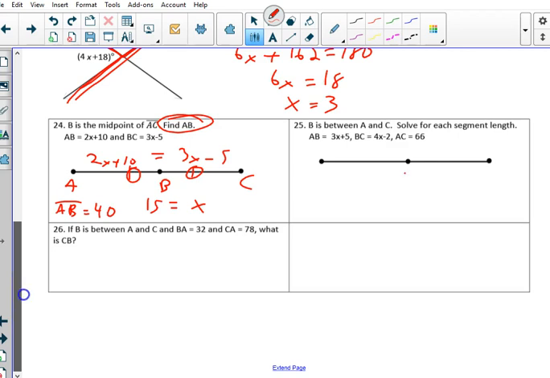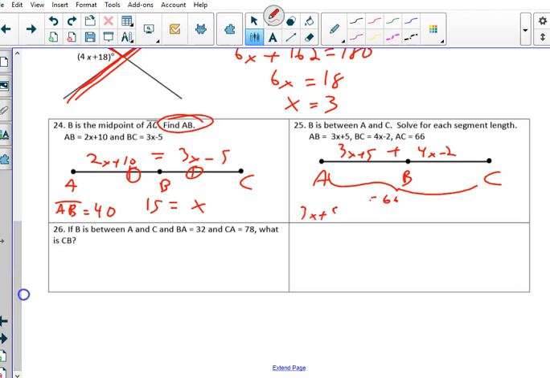25. B is between A and C. AB is 3x plus 5. BC is 4x minus 2. And the whole overall AC is 66. So this plus this equals that.